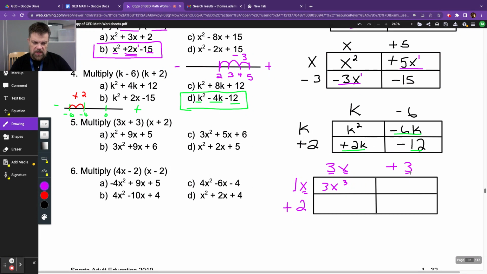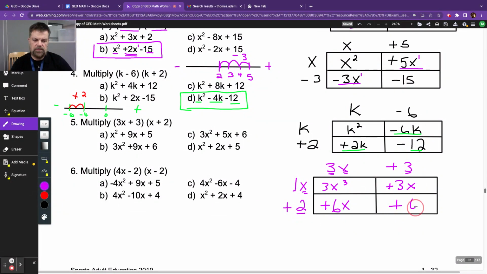Now, what's 3, which is a number, times 1? 3x. So that's just going to be 3x. Now, you take this 3 and multiply it by 2. What's that? 6. That's a positive 6. But then what about the x? You just bring that down. Now, what's positive 2 times positive 3?